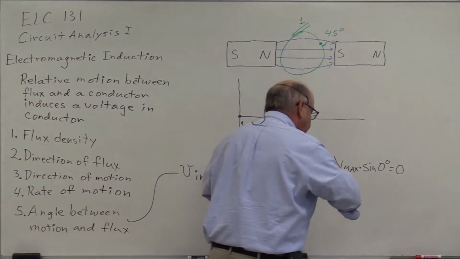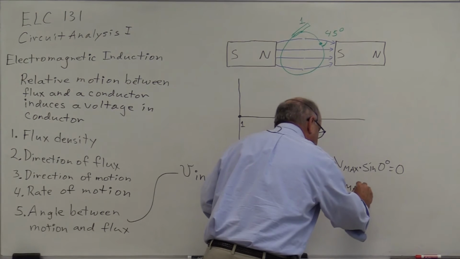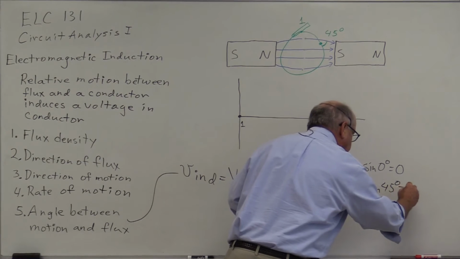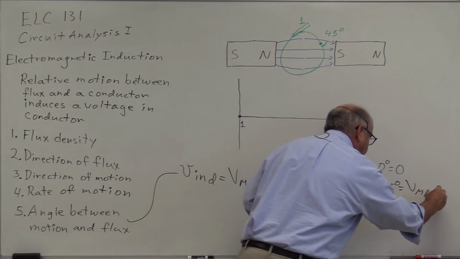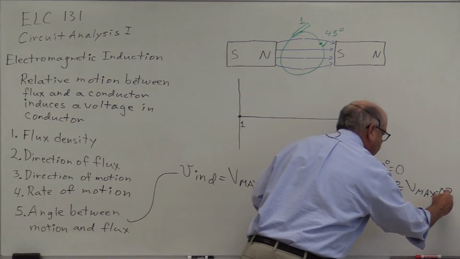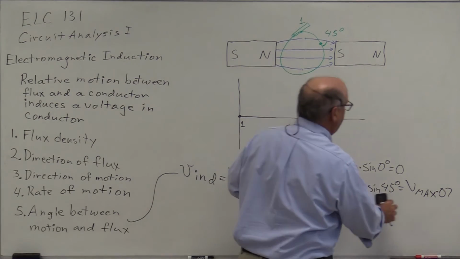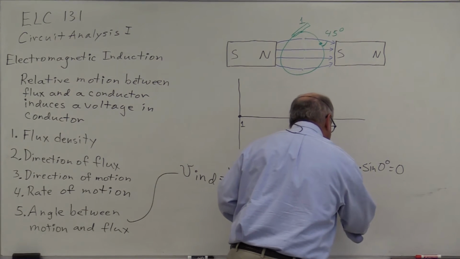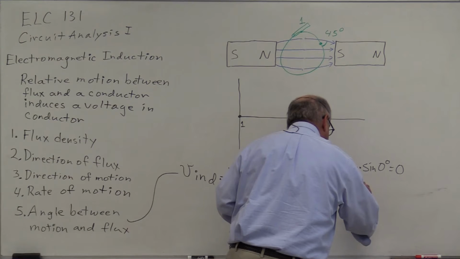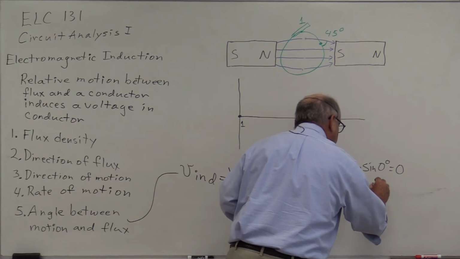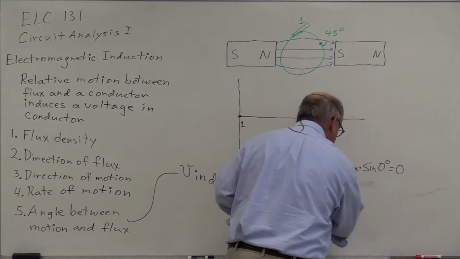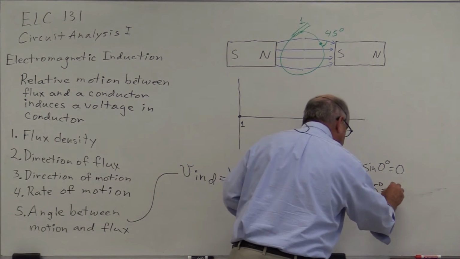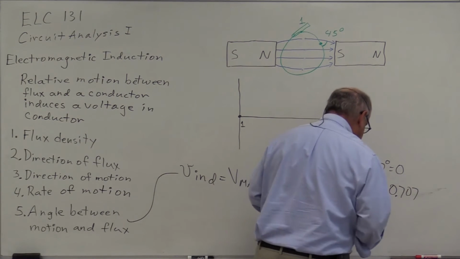And V max times the sine of 45 degrees equals V max times 0.707.